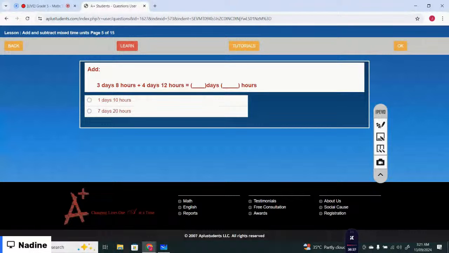So, which is the correct option? You need to add them. So, 3 plus 4 is 7. That is 7 days and 20 hours. Option number 2 is the correct option.